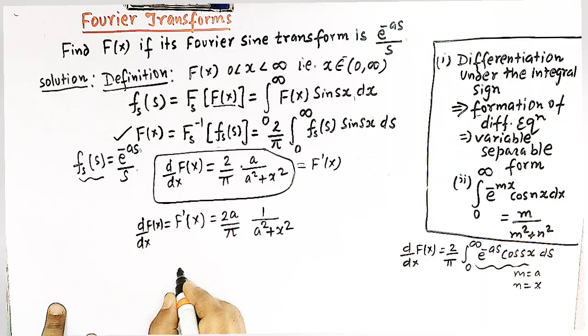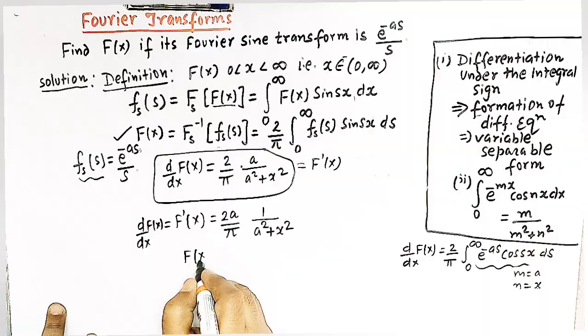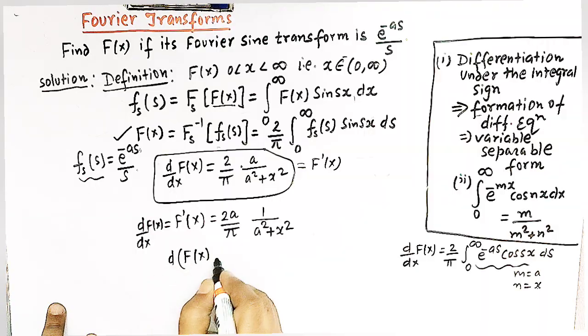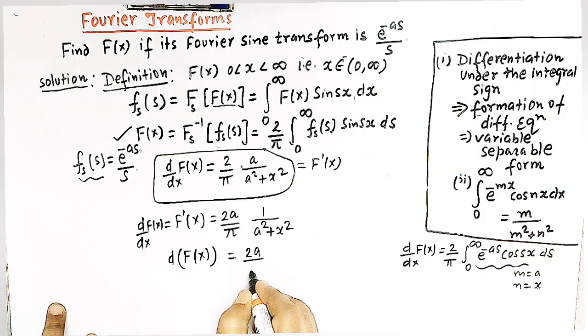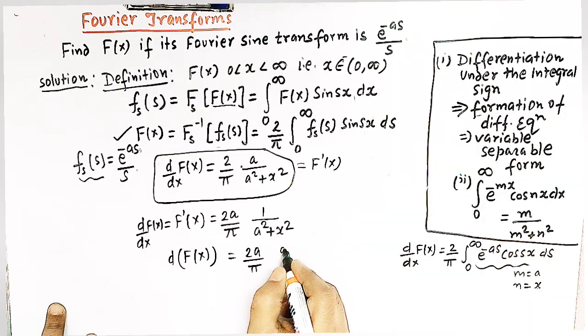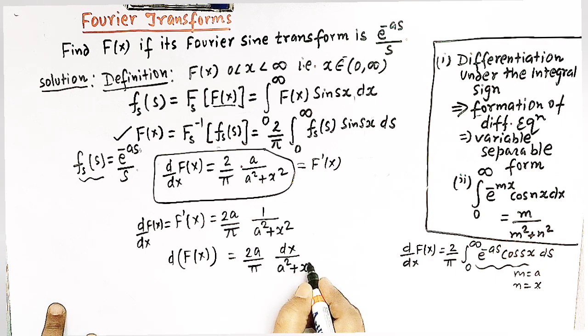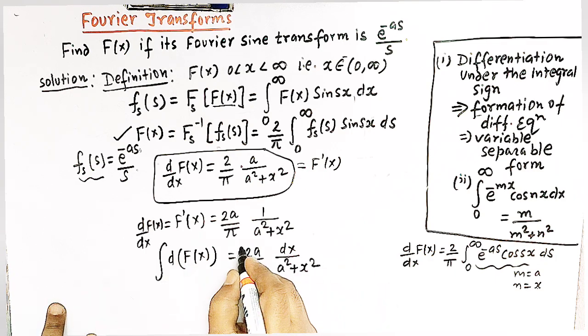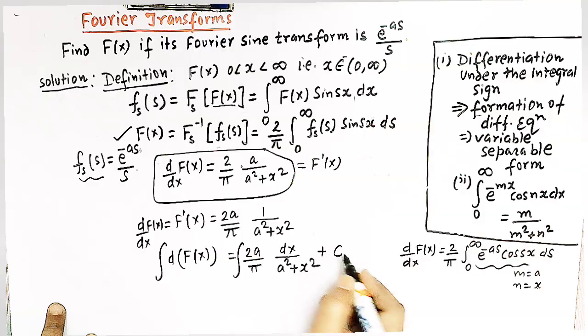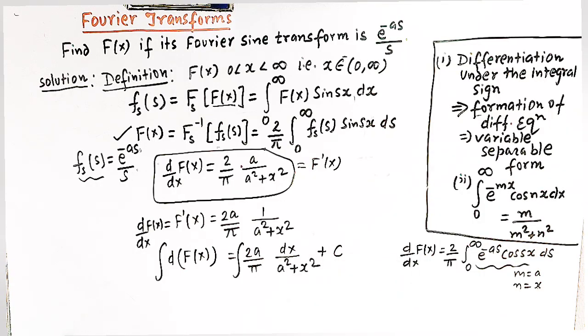So now separating the variables. So here we have d f of x, and here we have 2a over pi, and here we have dx over a square plus x square. So now integrating both sides, here we have c as the constant of integration.